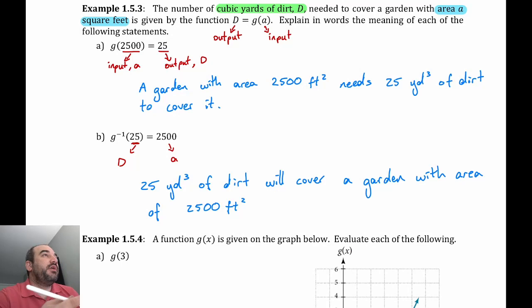Inverting the function means the meaning of the function is inverted. The sentence that you form with the function is inverted. The inputs and outputs are switched.